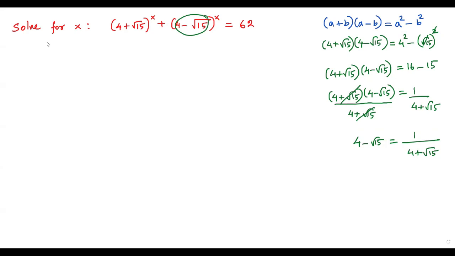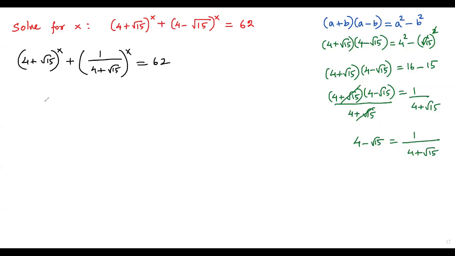Okay, let me continue with the given equation. 4 positive square root of 15, the whole to the x power positive, and for this 4 negative square root of 15, we can plug in 1 over 4 positive square root of 15, the whole to the x power, equals 62.